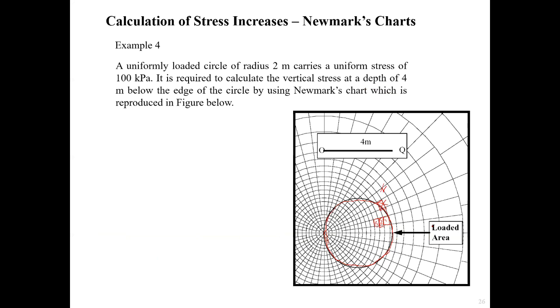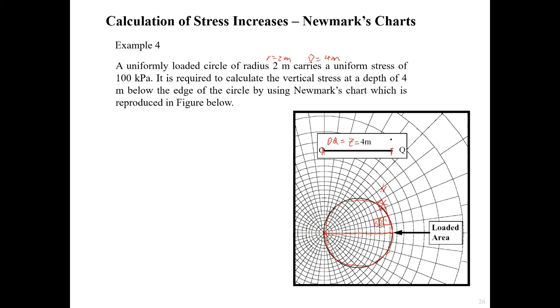For this case, OQ equals Z equals 4 meters, and the radius R is 2 meters, so the diameter is 4 meters. The diameter of this circular loading will be the same as this length.